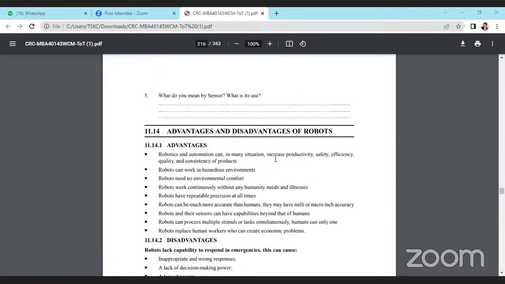Next, advantages and disadvantages of robots. Advantages: robots and automation can increase our productivity, safety, efficiency, quality, and consistency of products.